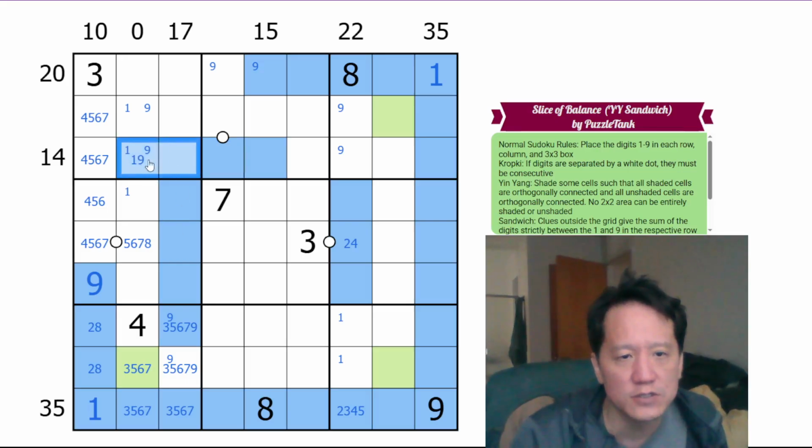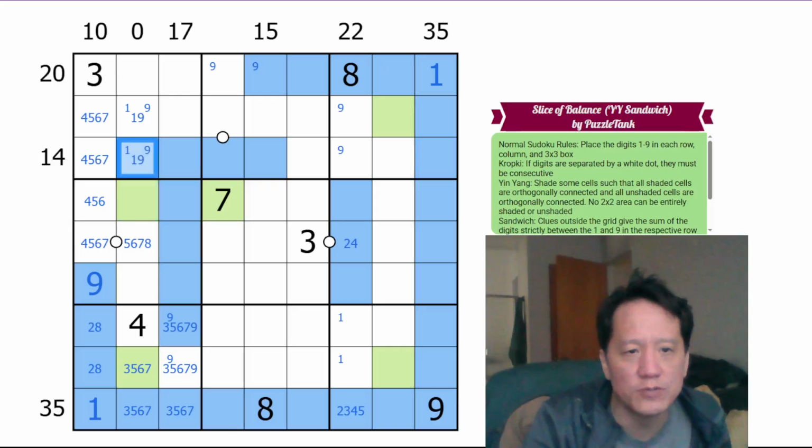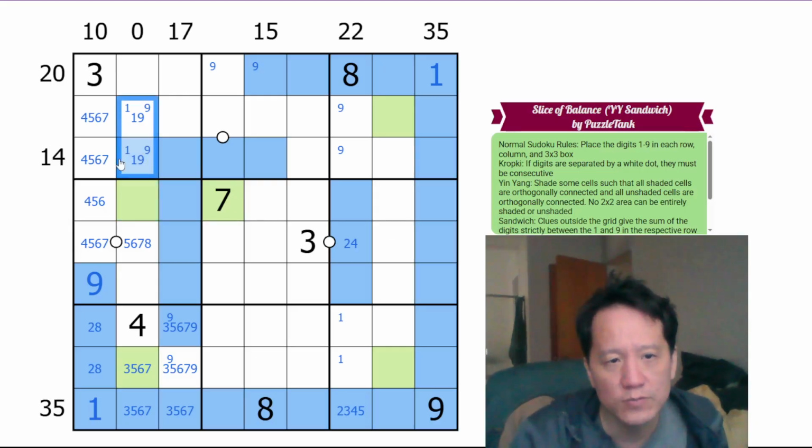So since this is a 2 by 2 area that has all shaded, this cannot be shaded. And this cannot be shaded because it's a 2 by 2 area that's all shaded so far. So this cannot be 1. Therefore, this is a 1-9 pair here, which eliminates 1 and 9 in the rest of the box.